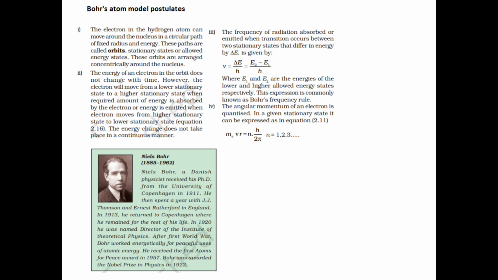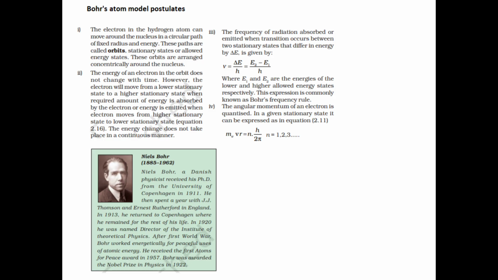However, the electron will move from a lower stationary state to a higher stationary state when the required amount of energy is absorbed by the electron. Energy is emitted when the electron moves from a higher stationary state to a lower stationary state. The energy change does not take place in a continuous manner.